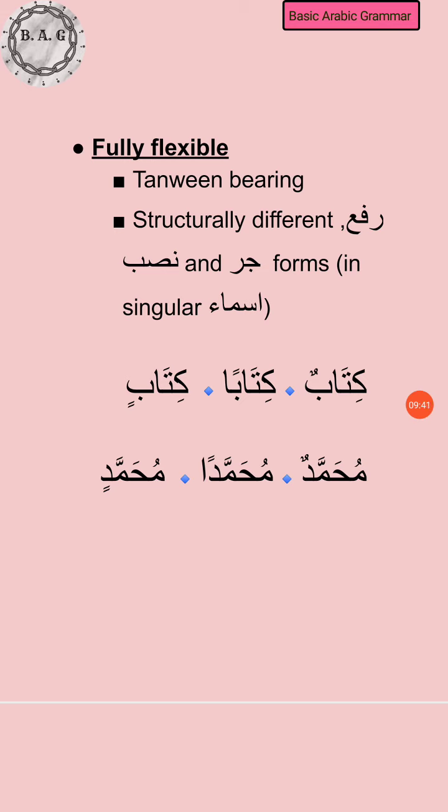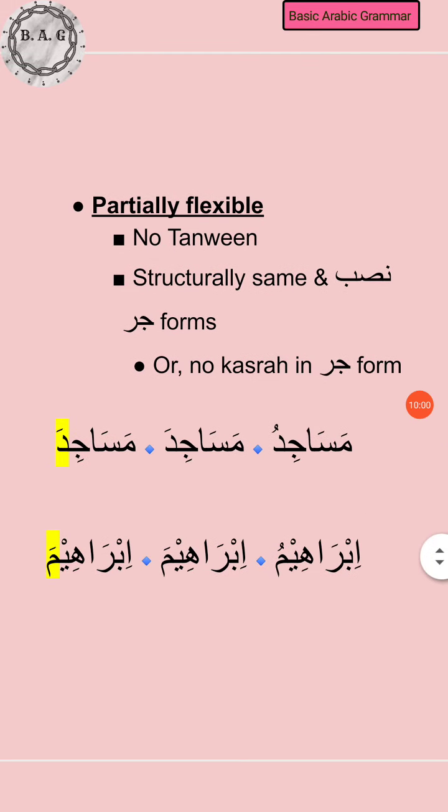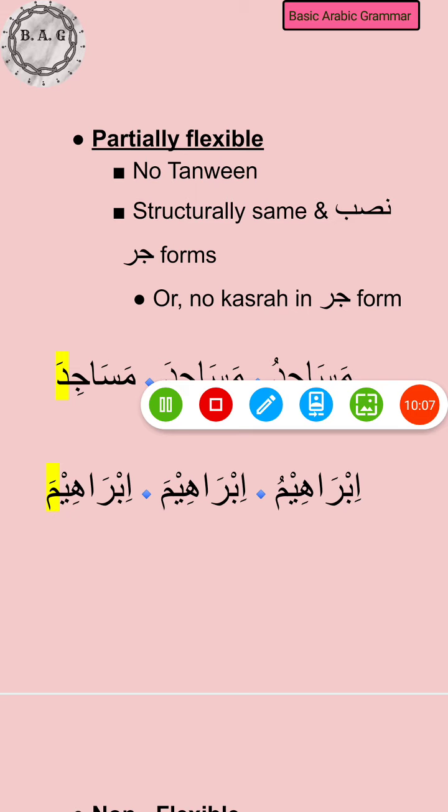Because when we study gender and number, how to make plurals and all these kinds of things, all the fragments and stuff, we are going to be focusing on the Munsarif group instead of the Ghair Munsarif asma.